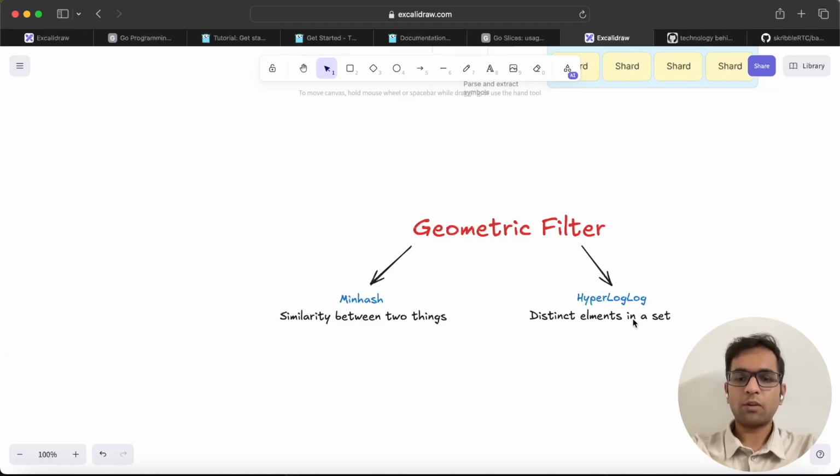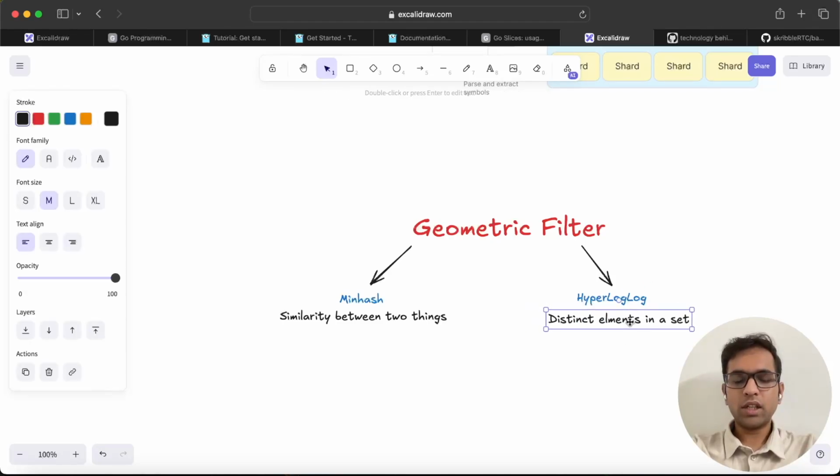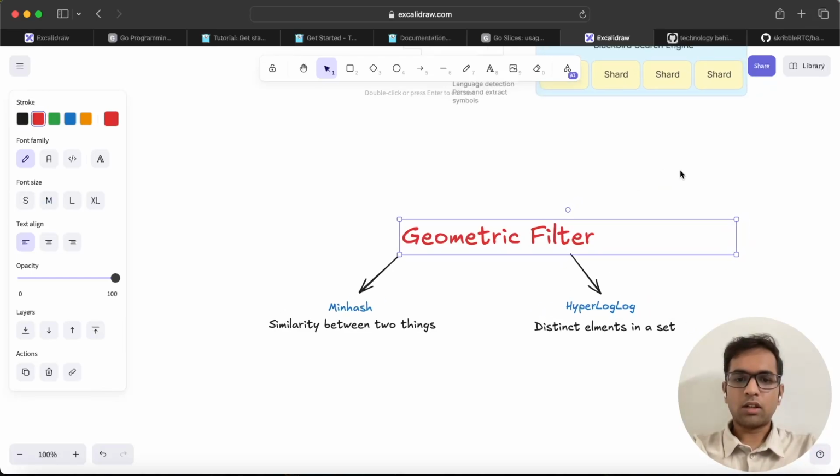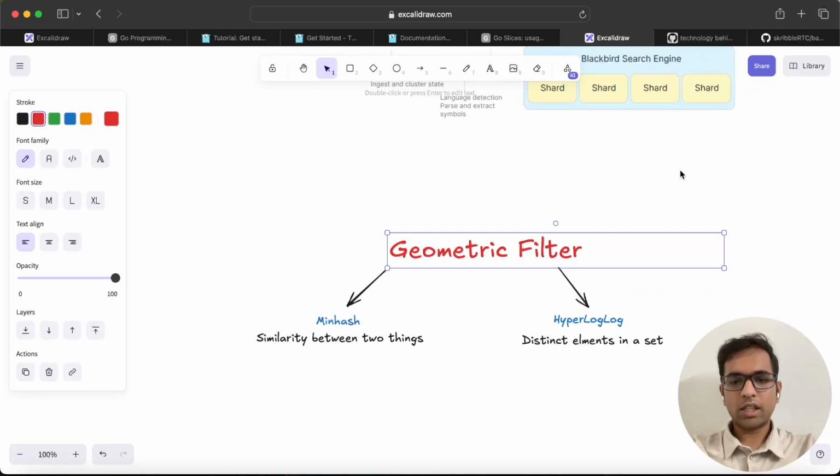So basically, we get a metric of how similar two things are and a metric of how many distinct elements are present in a set. Those metrics are combined, and a geometric filter data structure is formed.